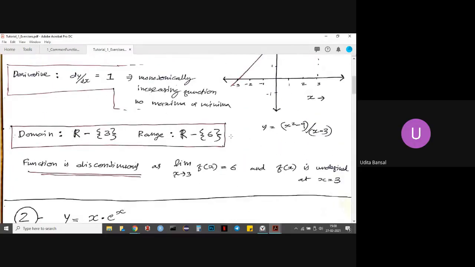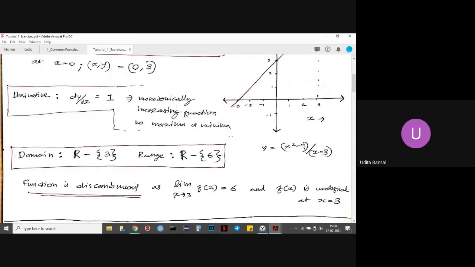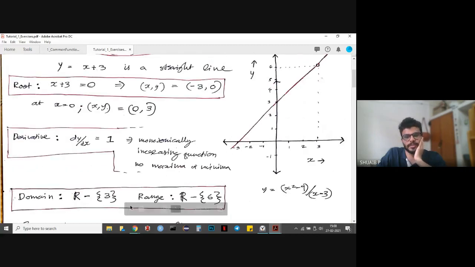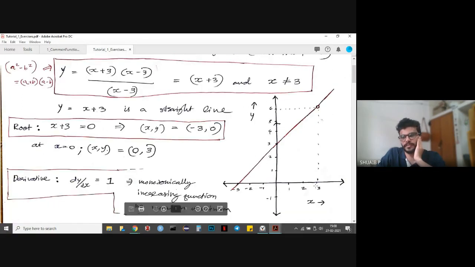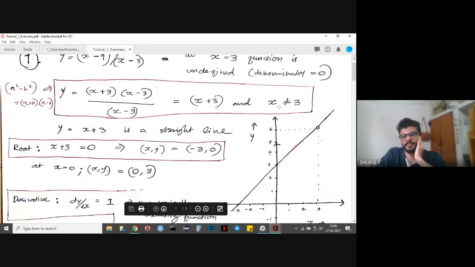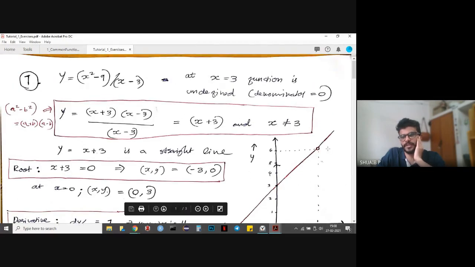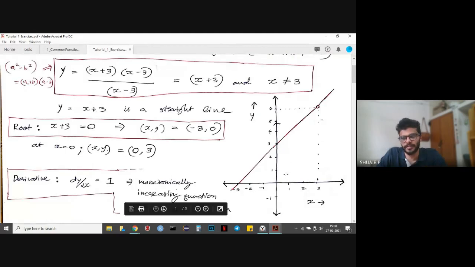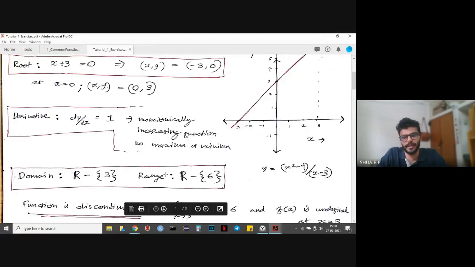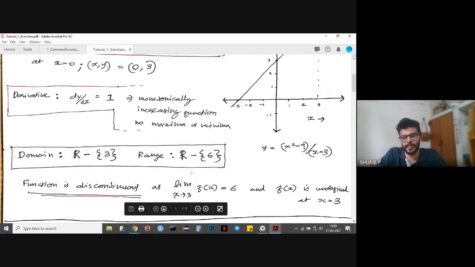How do you get R minus 6 for the range? So we saw that this function is undefined at 3. So the corresponding image of the function, the limit of the function when x approaches 3, would be 6.